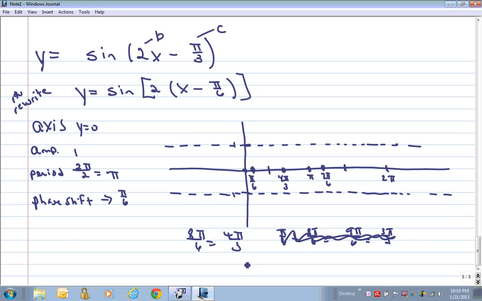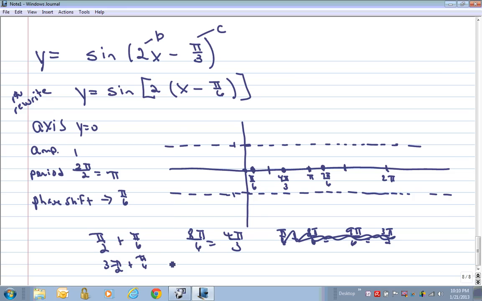Sorry. I think what I'm going to do is, we knew that we shifted from 0 over pi over 6. We also know we're going to shift pi over 2 plus pi over 6. Let's do that. So this would be 3 pi over 2 plus pi over 6, which would put me at 4 pi over 2.